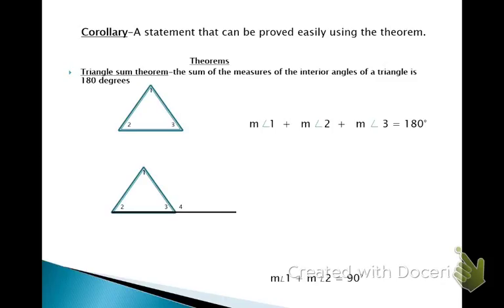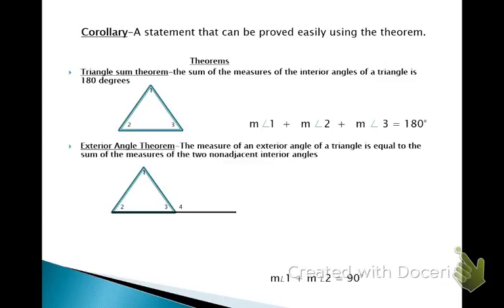The exterior angle theorem: the measure of an exterior angle of a triangle is equal to the sum of the measures of the two non-adjacent interior angles. So the exterior angle we're talking about is 4. Non-adjacent means not next to, so that excludes 3, but 2 and 1 are the non-adjacent interior angles.